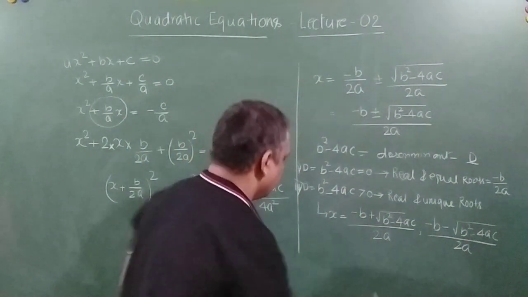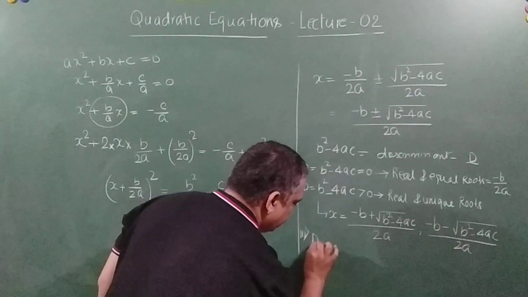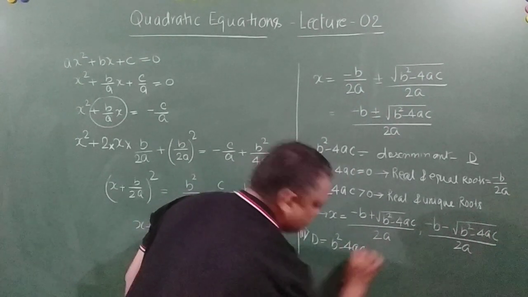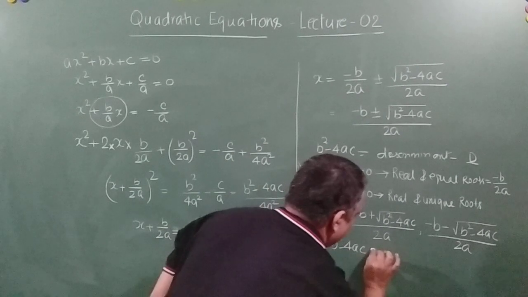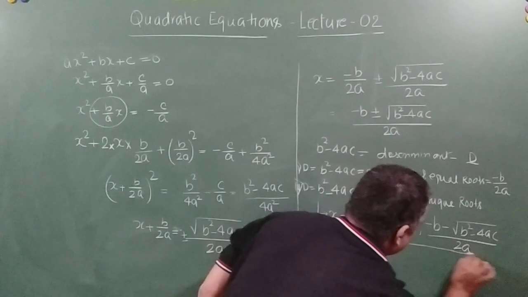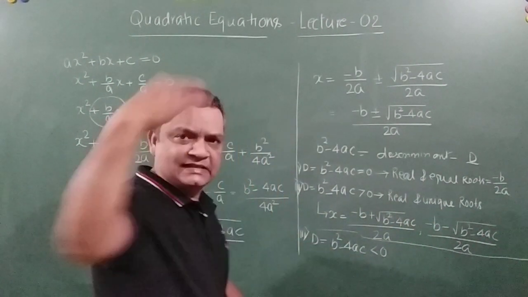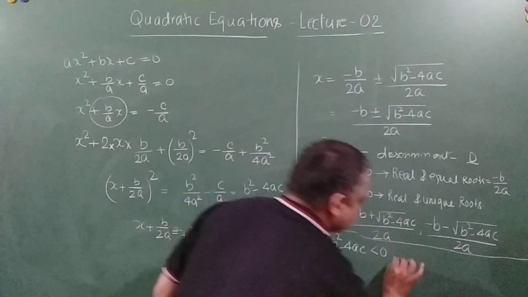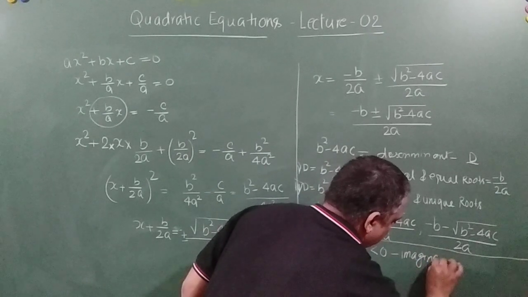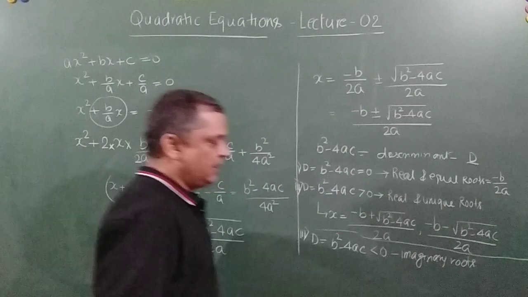You getting it? Now condition number 3, my friends. D is equal to b square minus 4ac is less than 0. I'll just draw a small line here so that it doesn't get mixed up. Okay. So b square minus 4ac is less than 0. Okay. Then it has got imaginary roots. Right? Imaginary roots.